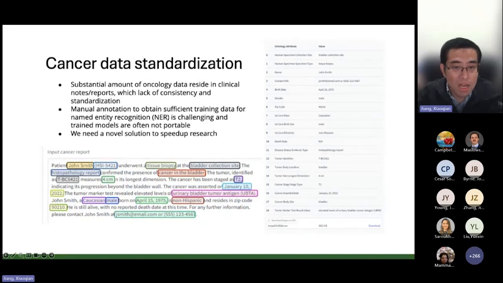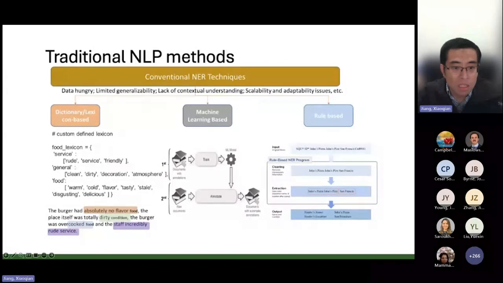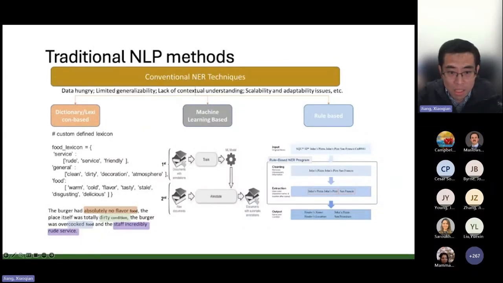Traditionally, this is not an easy task because the early methods, whether dictionary-based, rule-based, or machine learning, all require a large volume of annotation, training, and even a lot of generated examples for the model. Your generated model may not be transferable or portable to another site if there are any structural or pattern differences.